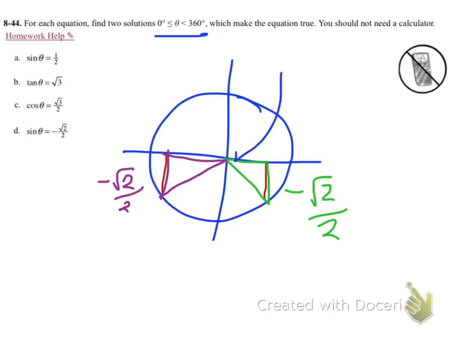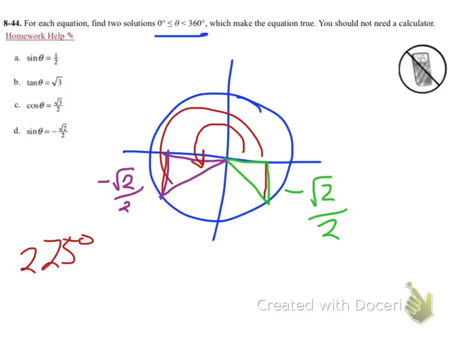So my angle here and my angle here are both 45 degrees. That means then my angle all the way around to there is going to be 225 degrees. And the angle all the way around to there is going to be 315 degrees.